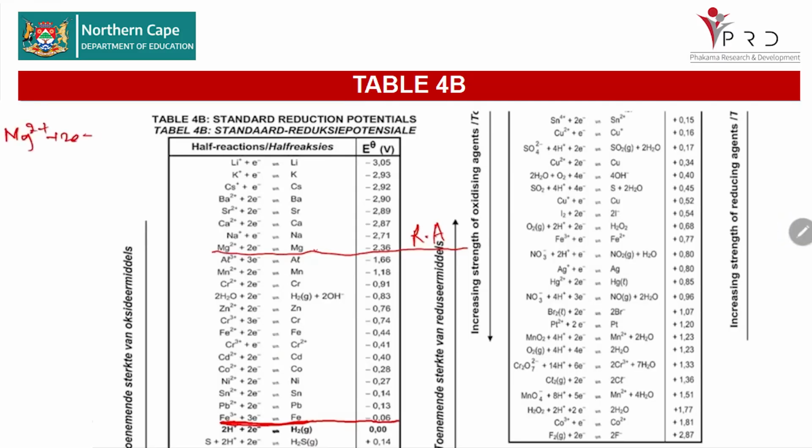I'm just copying what appears on the table. Maybe you'll see this one much better. And then we're given Fe3+ plus 3 electrons, forming Fe. And we said this one is negative 0.06. The other one is negative 2.36. So I hope you got that.